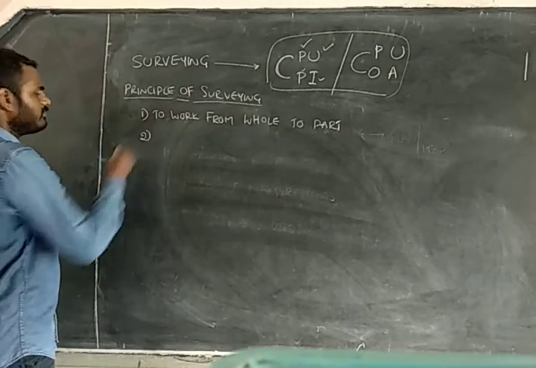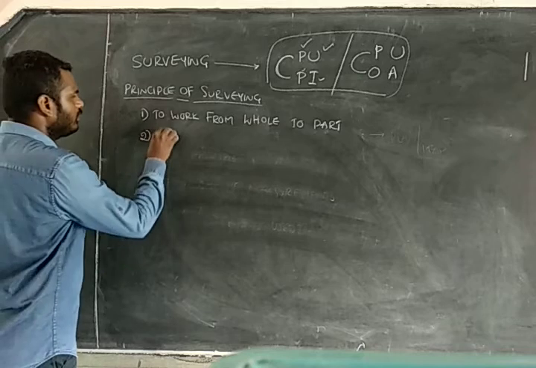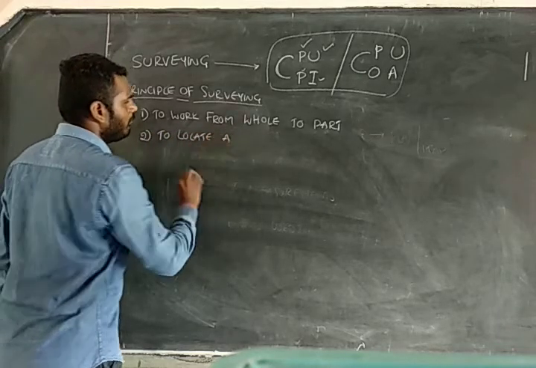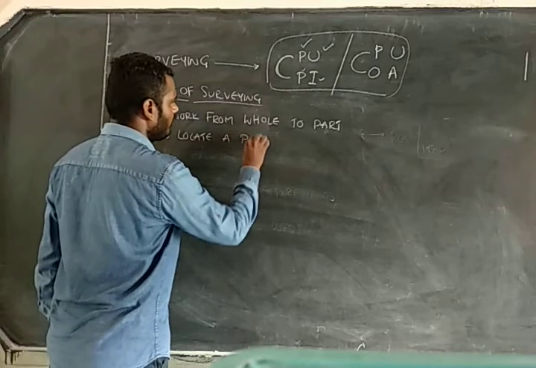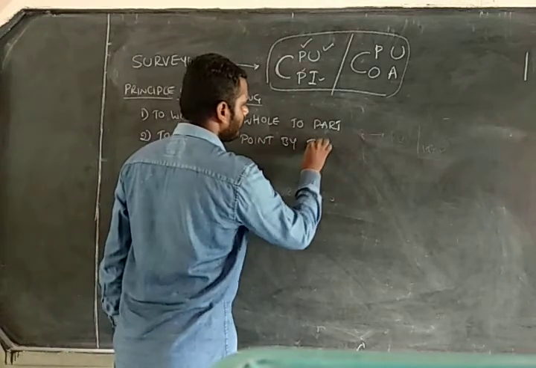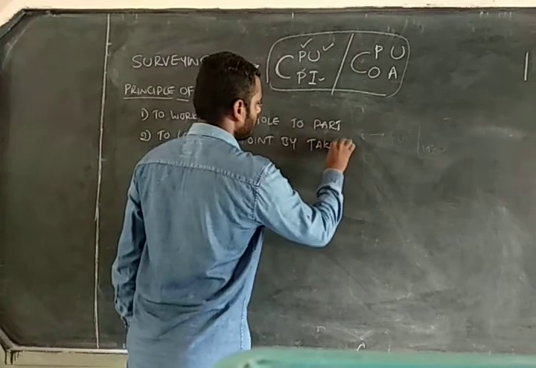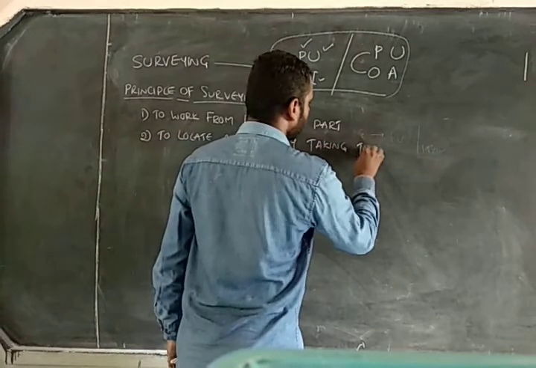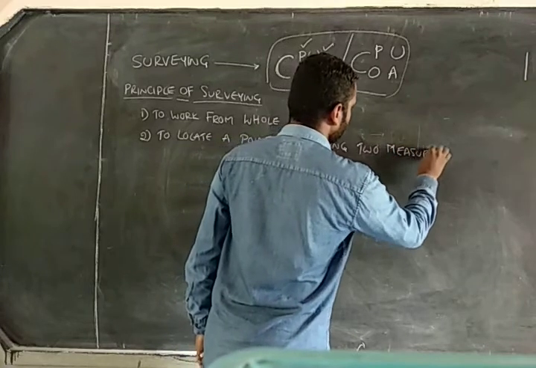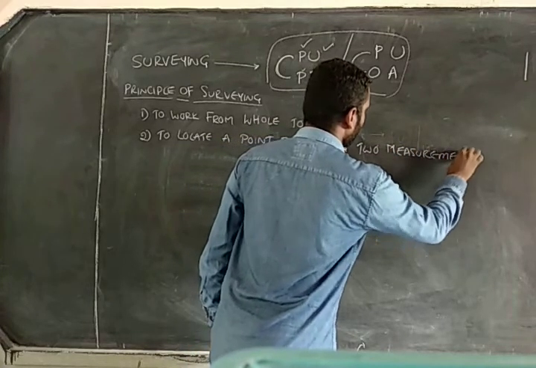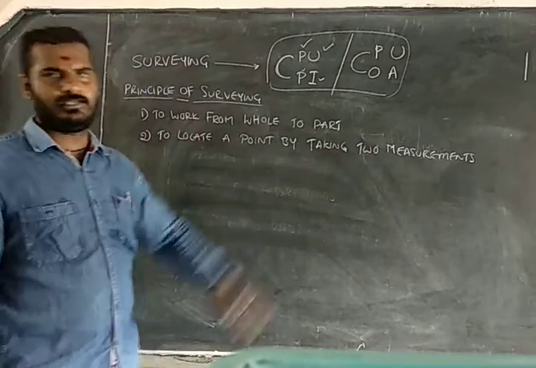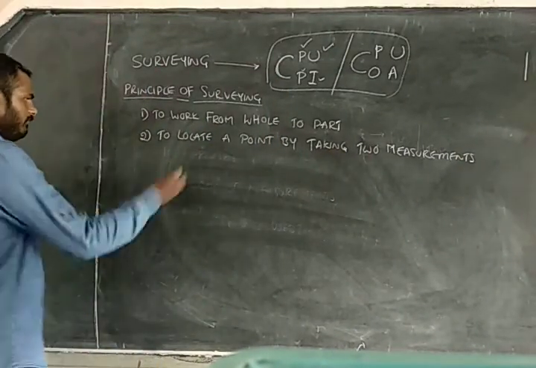The second principle of surveying is to locate a point by taking two measurements, or by depending on two different reference points.